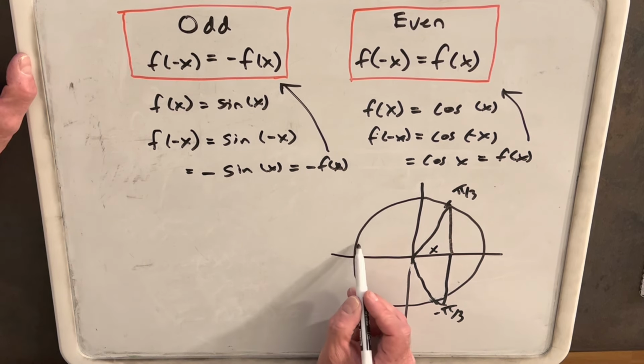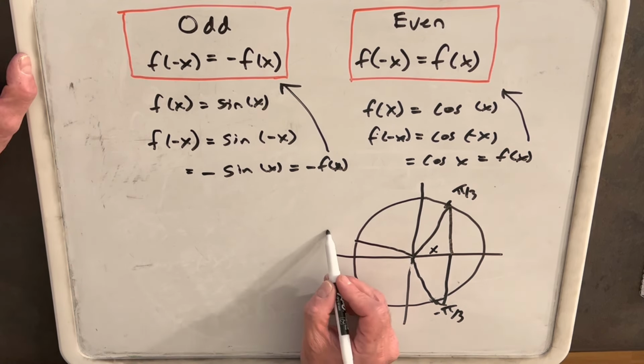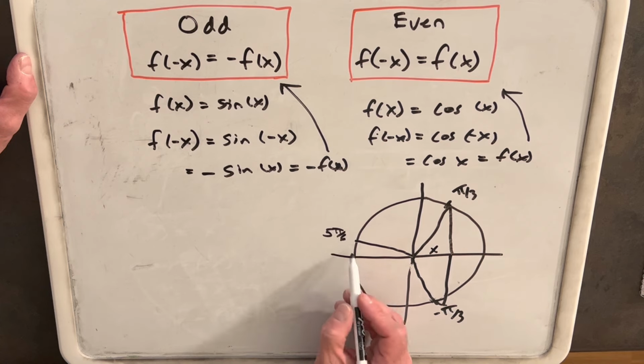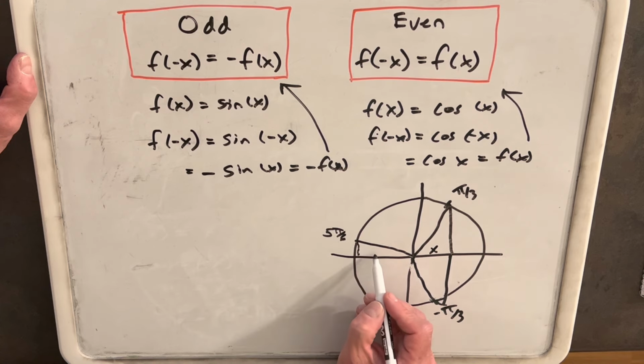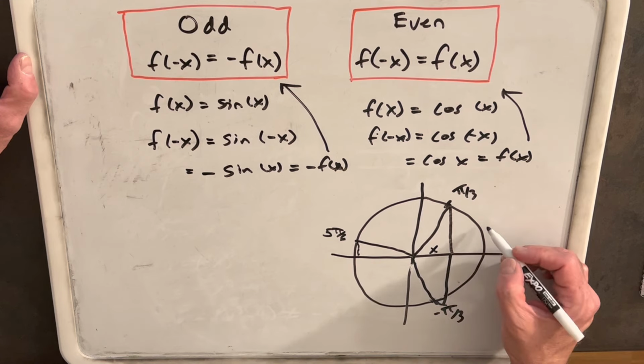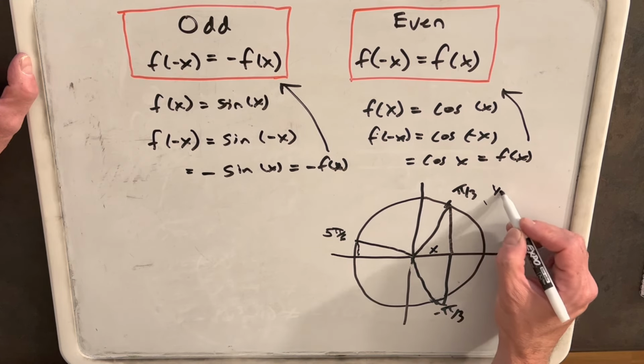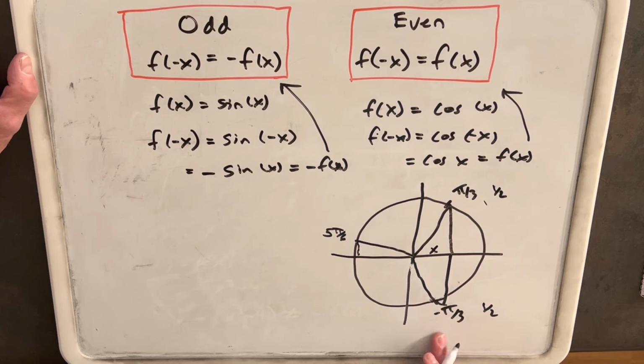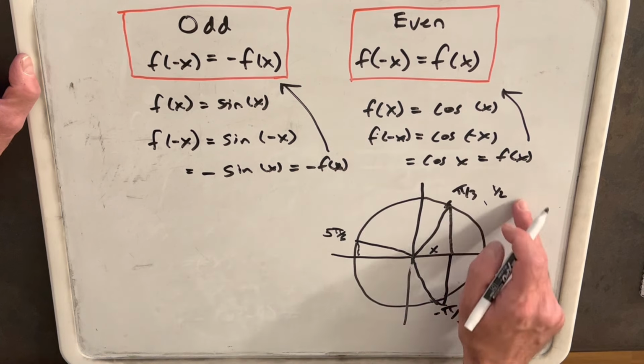Similarly, if we go to, let's say this is 5 pi over 6, the cosine here, this x value is 1/2, and it's 1/2 here. So we have our negative input, and we get back the same value. We get a half and a half.